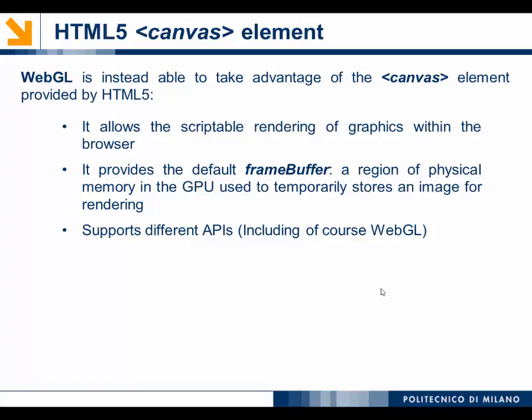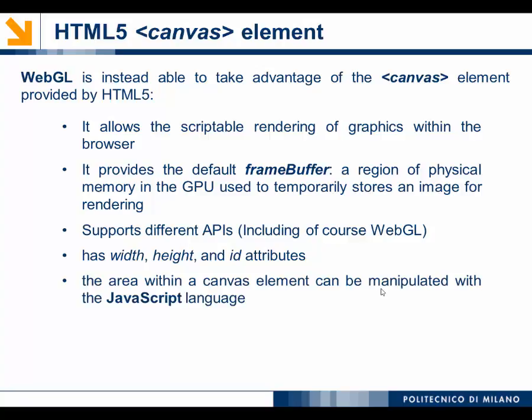We will see the main two, the standard and the WebGL one. It has some properties like width, height, and ID, which is useful because we can then access methods and perform operations on that, and the area in the canvas can be manipulated using JavaScript, and that's why we will use JavaScript.